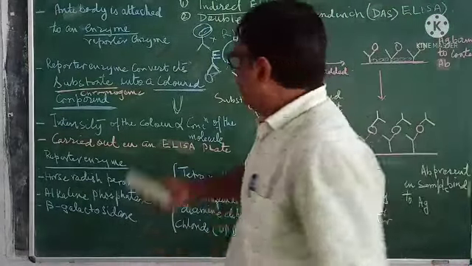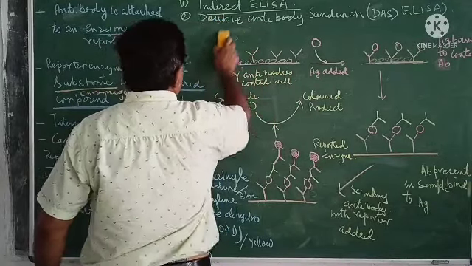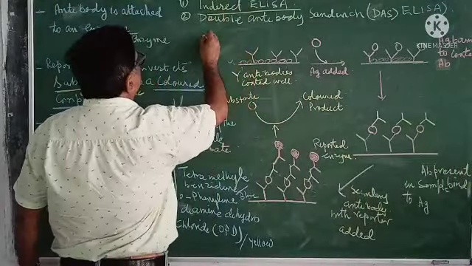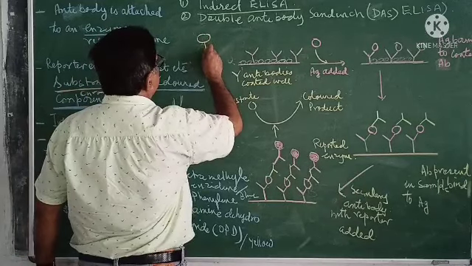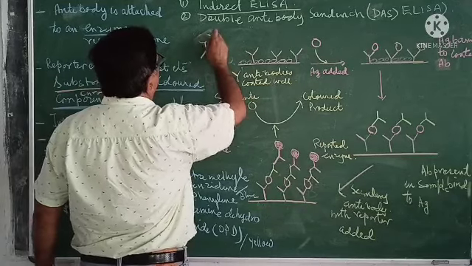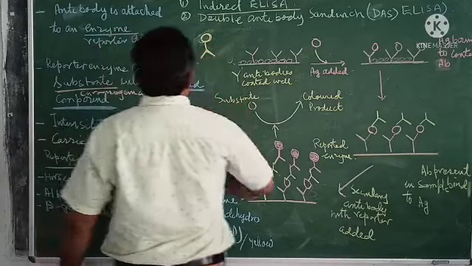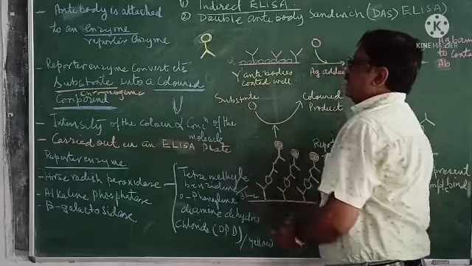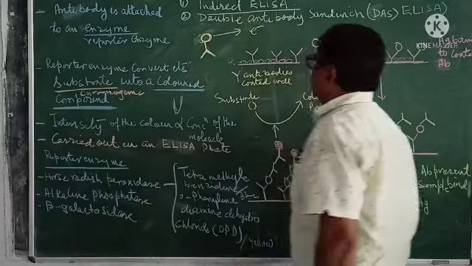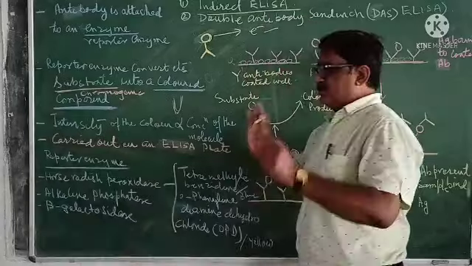In the last class, when we talked about RIA, we studied that a radioisotope is attached to the antibody, and the radiation emitted by this radioisotope gives the idea of the presence of a compound in the sample.